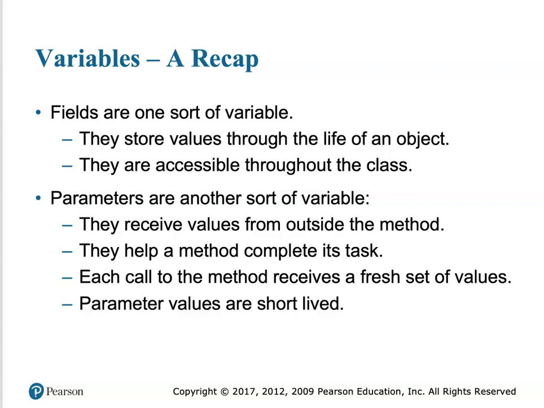So fields, one type of variable. Parameters are another type of variable. These are used to pass specific information into a method so the method can do its job. So in the header of the method, we define the data type and the name that we're going to give that parameter, and then we can reference that parameter as a variable inside the method.